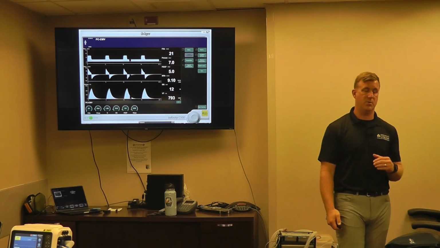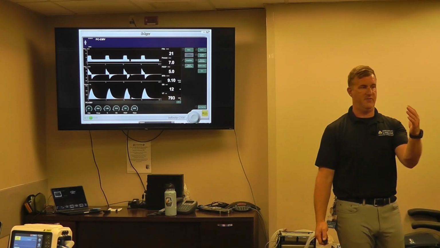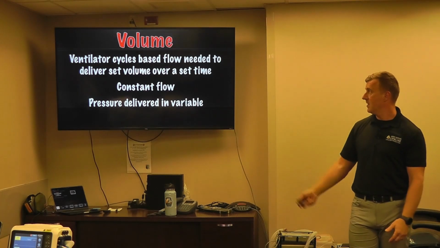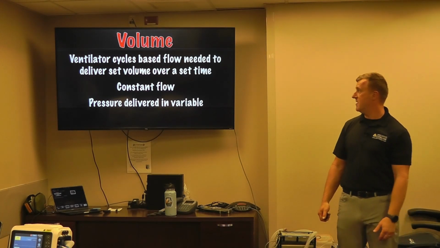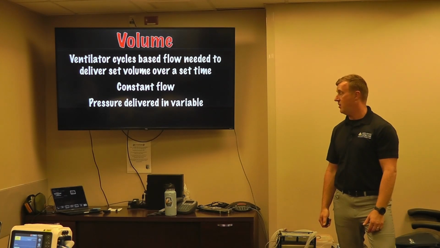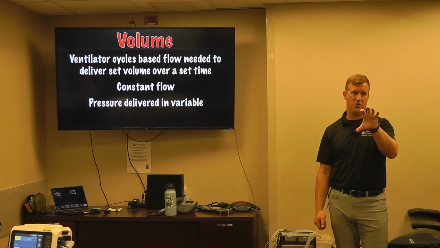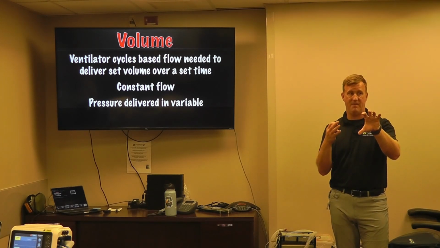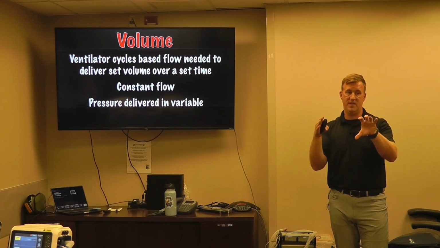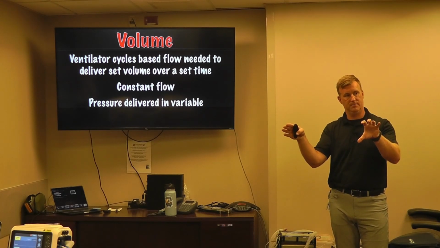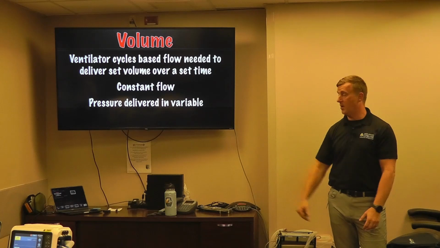The flow is front loaded, so we put the flow in as fast as possible on the front end, and then it tails off. Volume, the ventilator cycle is based on the flow needed to deliver a set volume over a set time. So we told the ventilator, this is how much volume I want. The ventilator does some math and says, I need to blow this fast for this long to achieve that volume. Our flow is constant.